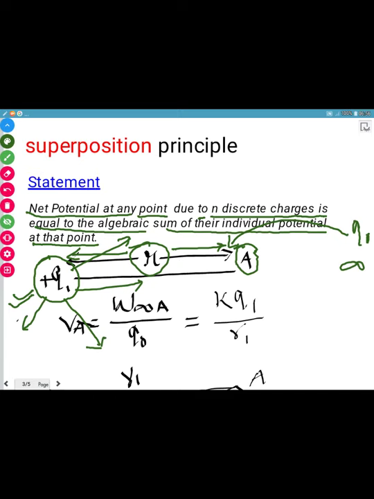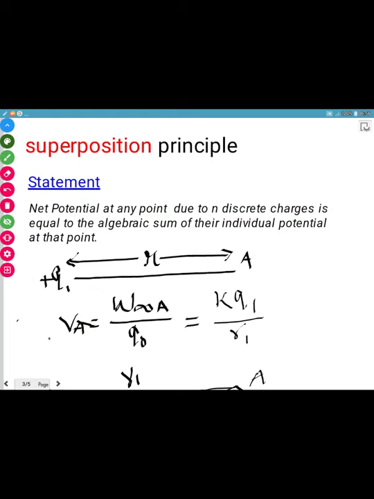This work is known as W, to bring the test charge Q naught from infinity to point A. Then potential at A, VA, is equal to the work done to bring Q naught charge from infinity to A, divided by Q naught.